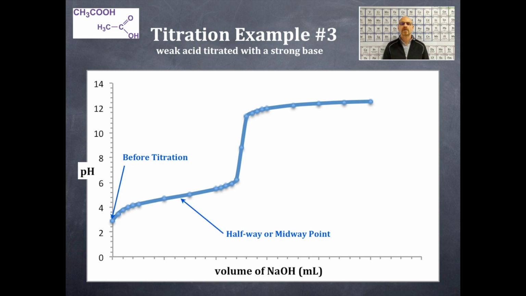At the halfway or the midway point, we're right in the middle of that buffer region, where the concentrations of the acetic acid and its acetate ion conjugate pair are equivalent. And the equivalence point is when the moles of the acid equal the moles of the base that's required. That is the equivalence point or the end point of that titration.